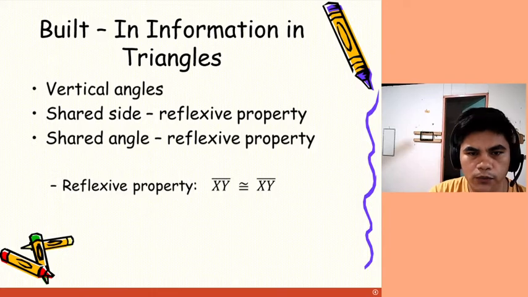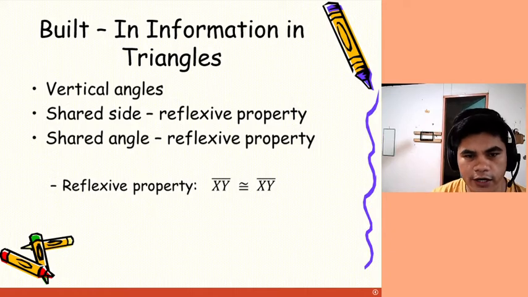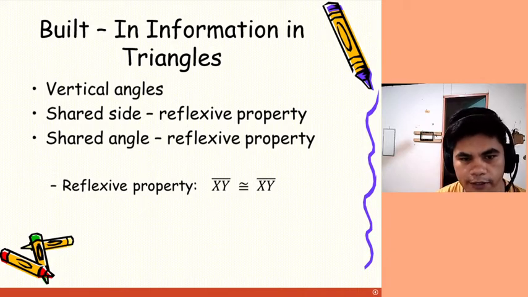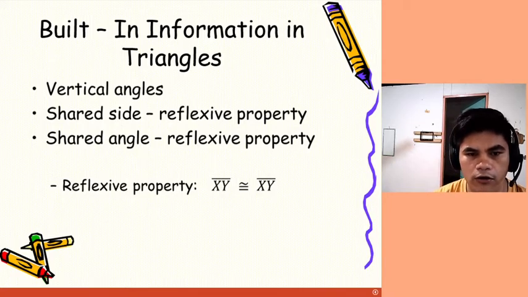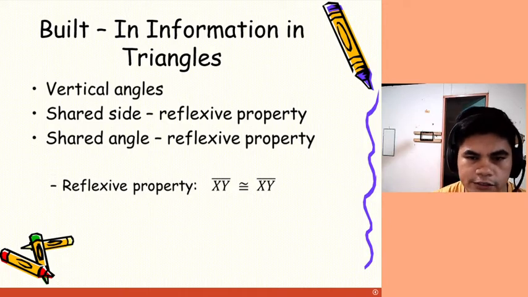First, we need this built-in information for triangles. This is just a recall. Number one, vertical angles. What are vertical angles? When we say vertical angles, those are opposite angles and they are congruent. Number two, take note of the shared side.